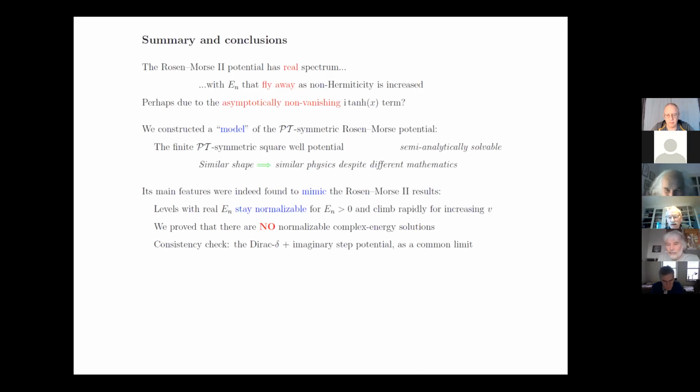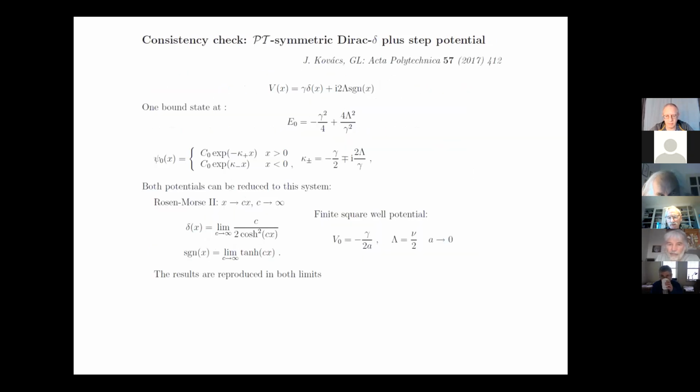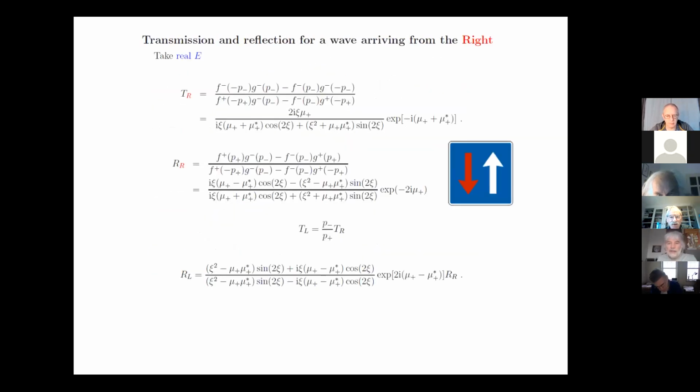Could you go back to where you're talking about the transmission and reflection coefficients for this square well potential, please? It's a long time since I've thought about these things, but I always thought that there was a general theorem that T left was equal to T right. Yes, in the case of real energies, it is just a phase.